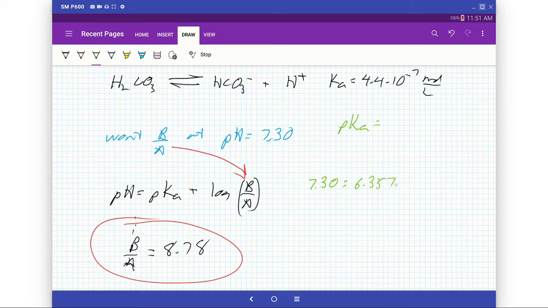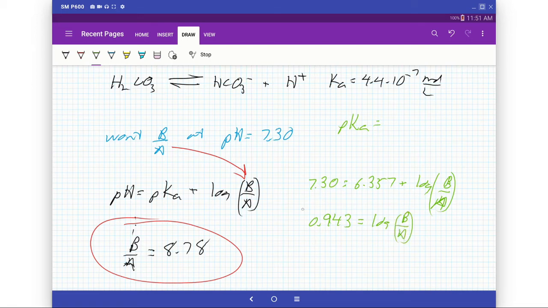6.357 plus log base over acid. And so that gives 0.943 is equal to log base over acid.